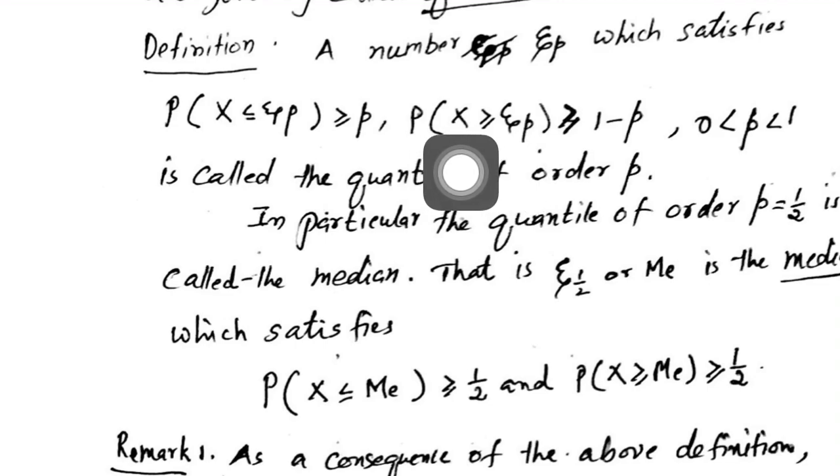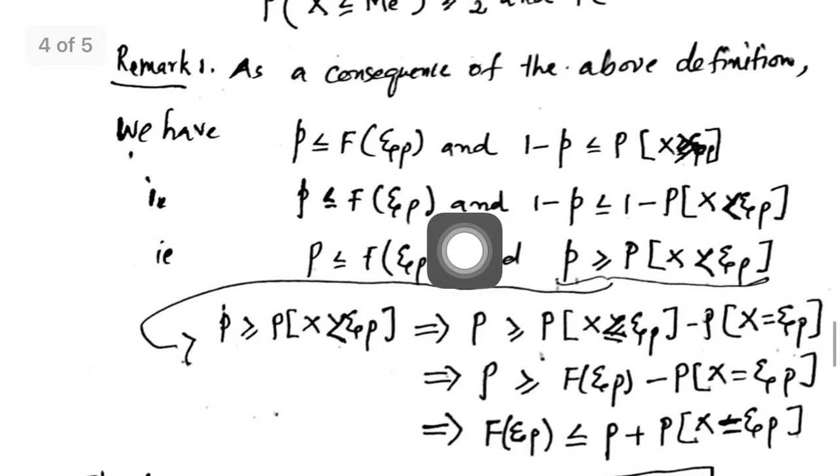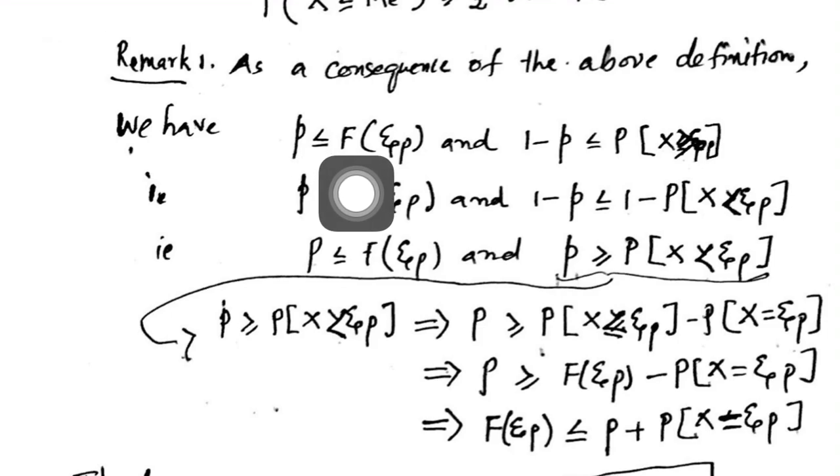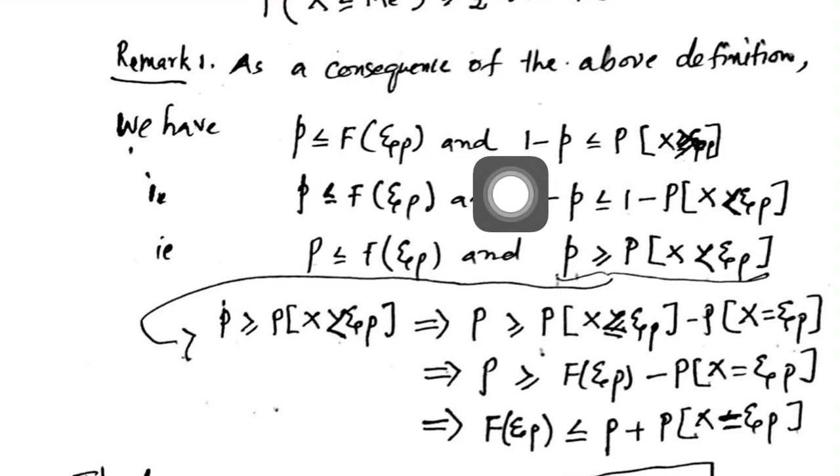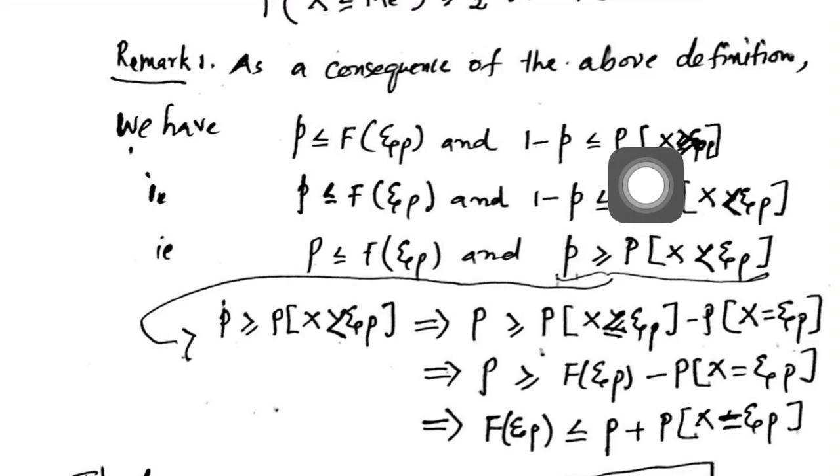These two things I have written here: P less than or equal to f of psi P, and 1 minus P less than or equal to the probability that x is greater than psi P.